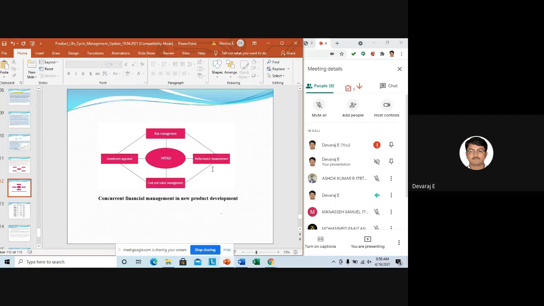The investment appraisal means how much I'm investing for this particular phase, for each stage. So this was concurrent for every stage. For every stage, they should look at the risk, performance, how much cost and value the product gains, as well as investment. So these four are very, very important.